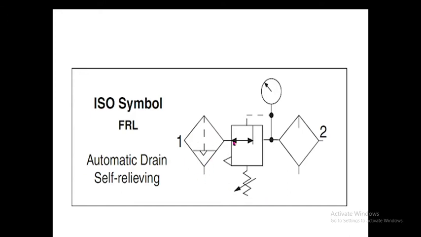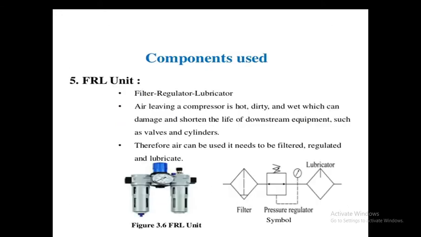Then this air gets supplied to this regulator, where the pressure of this air stream is regulated. Then this stream of air is sent to the lubricator here, and inside the lubricator we are adding some oil droplets to the air stream. Here you can see the components used in the FRL unit.